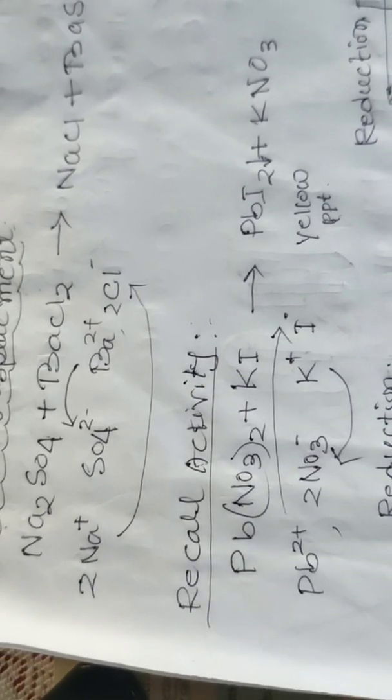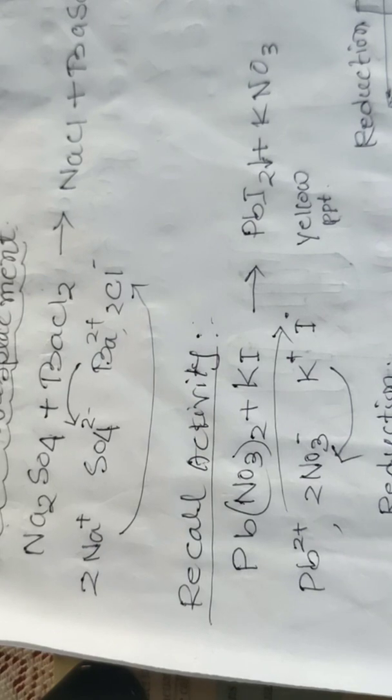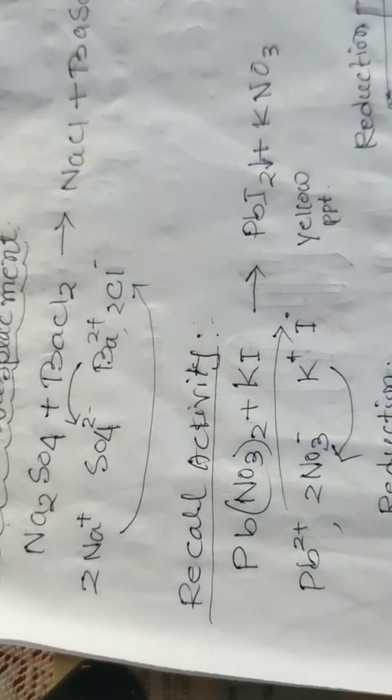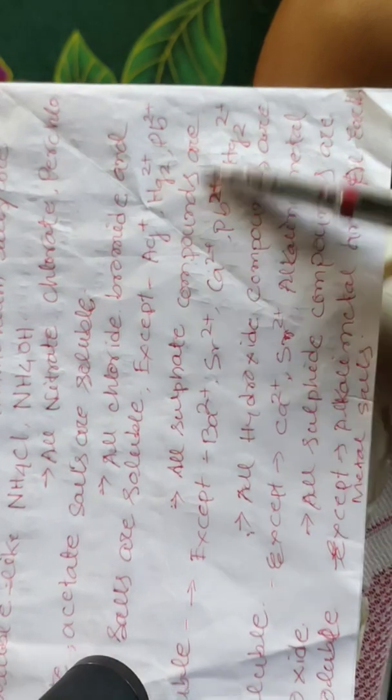We have already studied lead salt solubility. So you see, all sulfate compounds are soluble except barium, strontium, calcium, lead, etc. Again, all hydroxides are insoluble, all sulfides are insoluble, and all carbonates are insoluble.